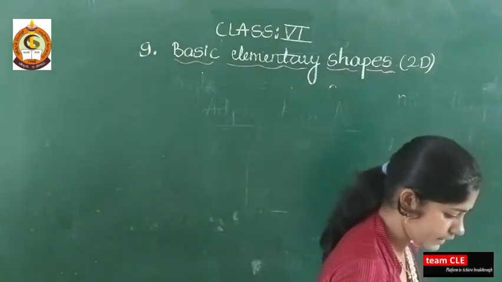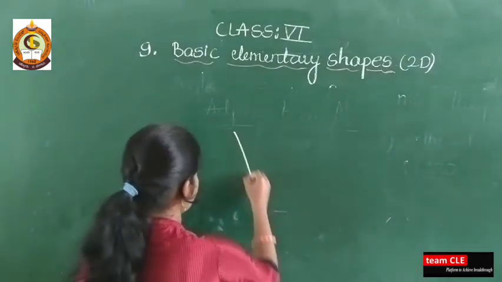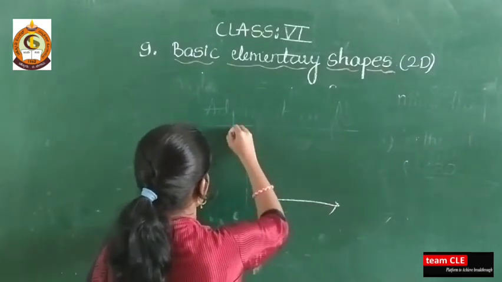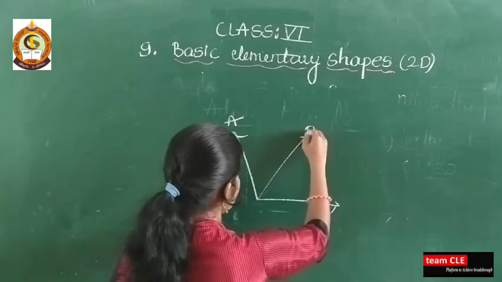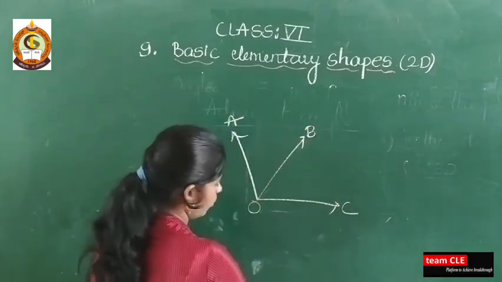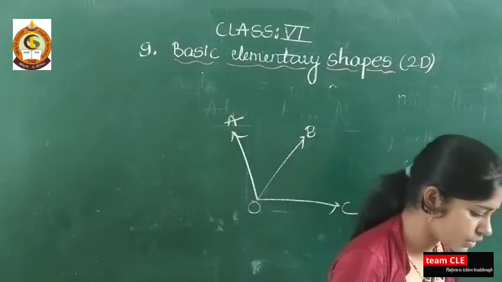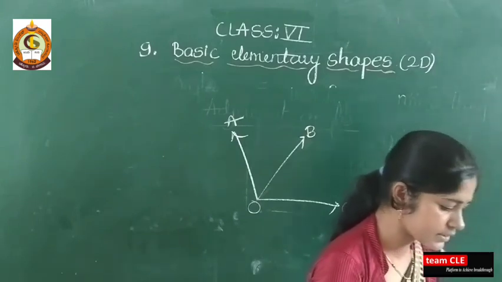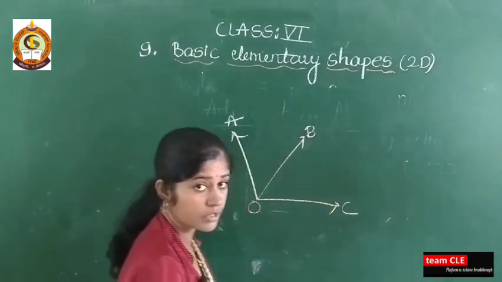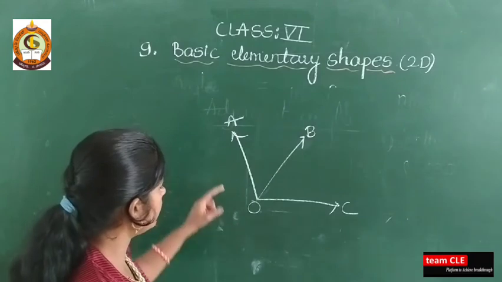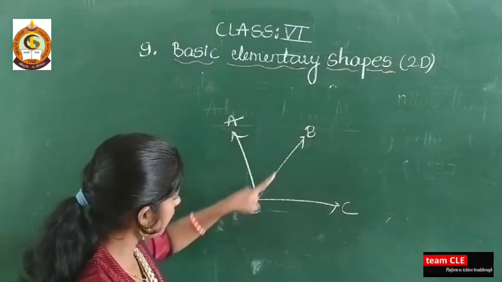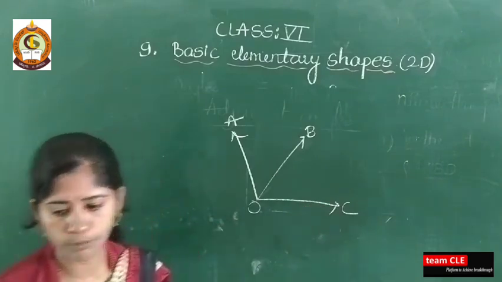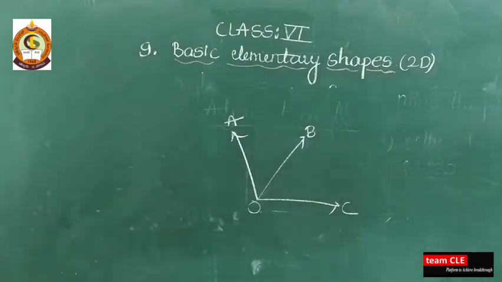Yes, page number 133, and here they have given a figure like this, with A, B, C and O. What they asked in the question is to also name their vertex and arms, also write their names and vertex. See here, AOB, BOC. How many angles are formed here?